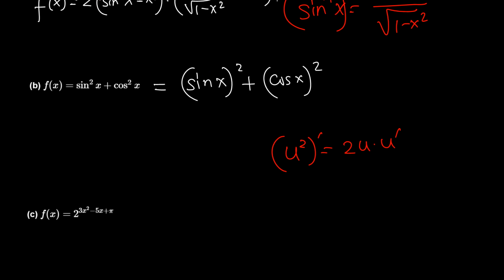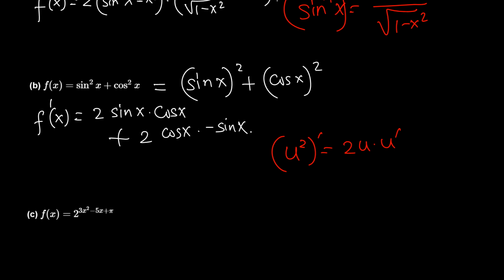Using this we can write the derivative: 2 sine x times the derivative of sine, from the chain rule, which is cosine x, plus, for the second function, which is again u squared, using this formula, 2 cosine x times the derivative of cosine, which is negative sine x, and we don't have to simplify.